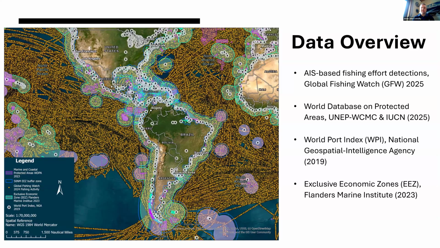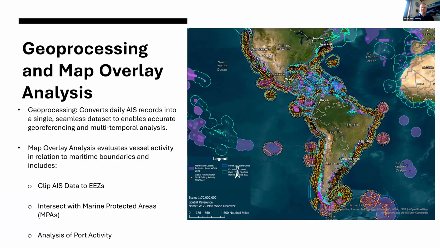Okay, now my analysis process starts with a pretty significant amount of geoprocessing. In some of the previous map examples, I showed all of this information, billions of dots throughout the globe. That data is too much for ArcGIS to process.